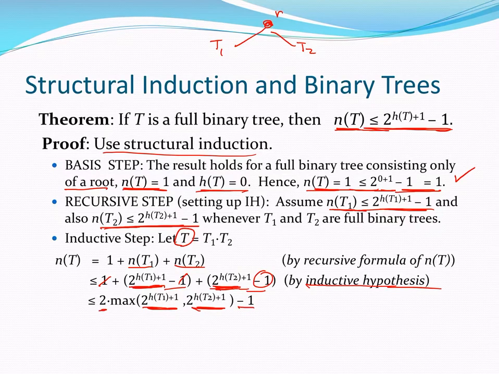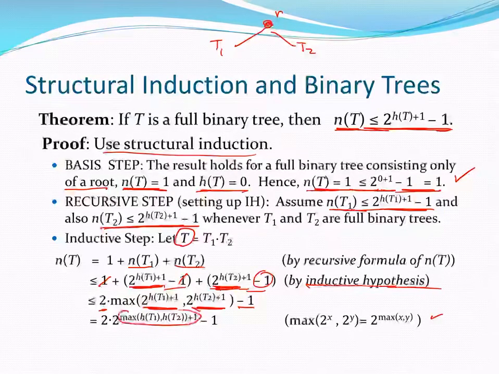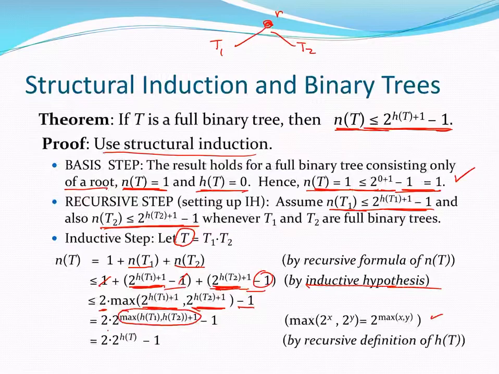And then since the max of 2 to the x and 2 to the y is 2 to the max of x and y, I can rewrite this as 2 times 2 to the max of the height of tree 1 and height of tree 2, plus 1. Well, that is precisely the definition of the height of tree T. So I'll replace that with h(T).